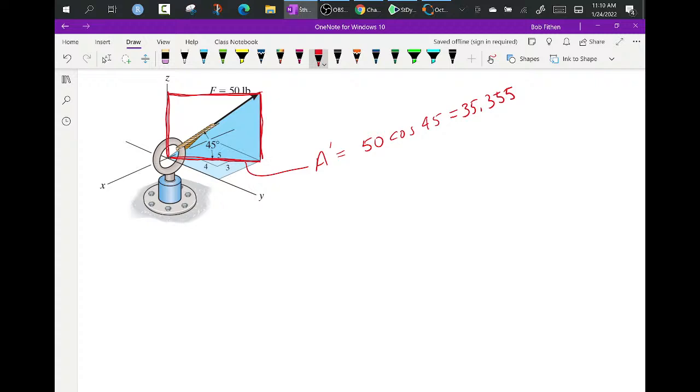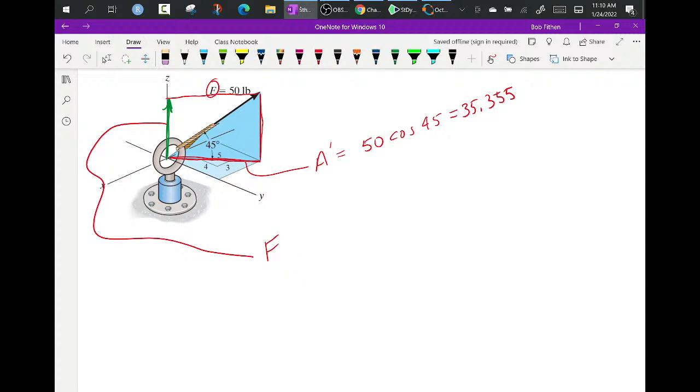Now, if we want to know the vector here, here's what's interesting. I'll go ahead and do this to indicate that it's an actual vector that we're looking for. This vector is called F, so I'm going to say F, the z component.